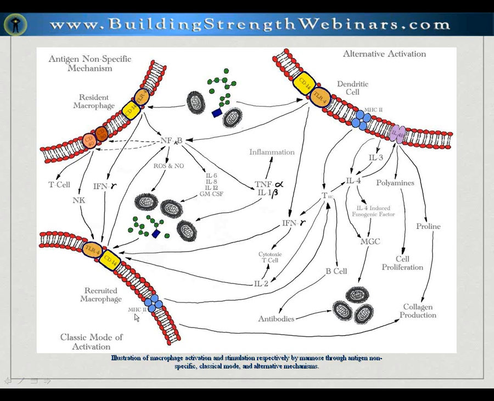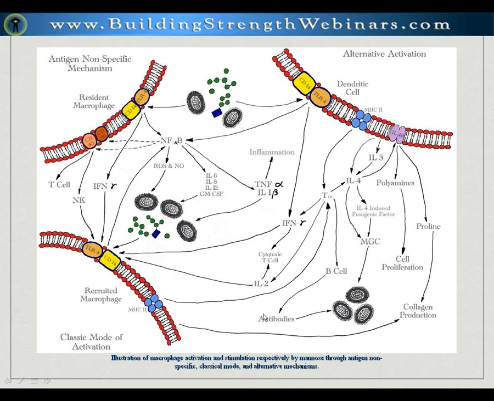And they produce major histocompatibility complex class 2, and this recruits T helper cells. Remember, in AIDS, it's the T helper cells that the virus kills. But this recruits T helper cells, and they in turn produce interferon gamma, and they turn on the cytotoxic CD8s that help kill bacteria.